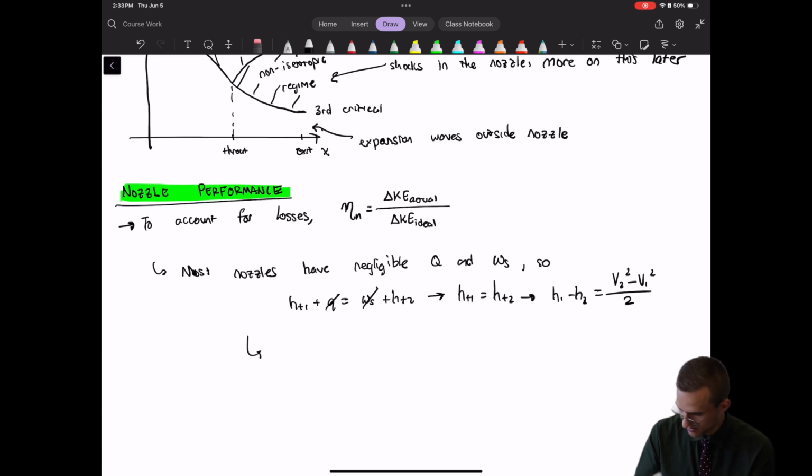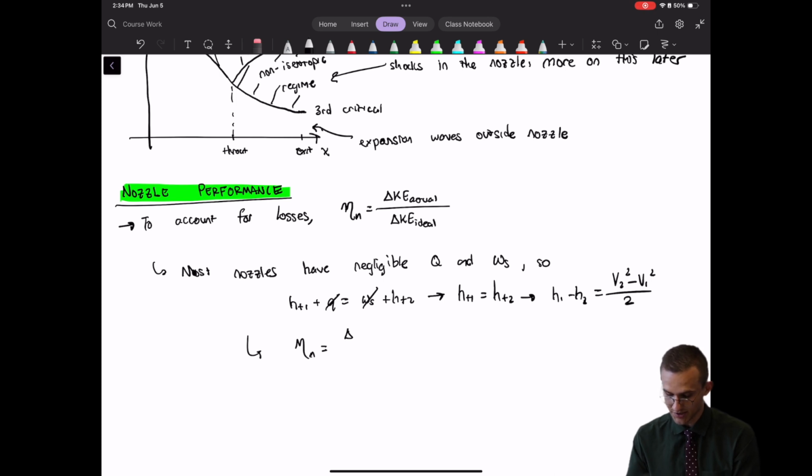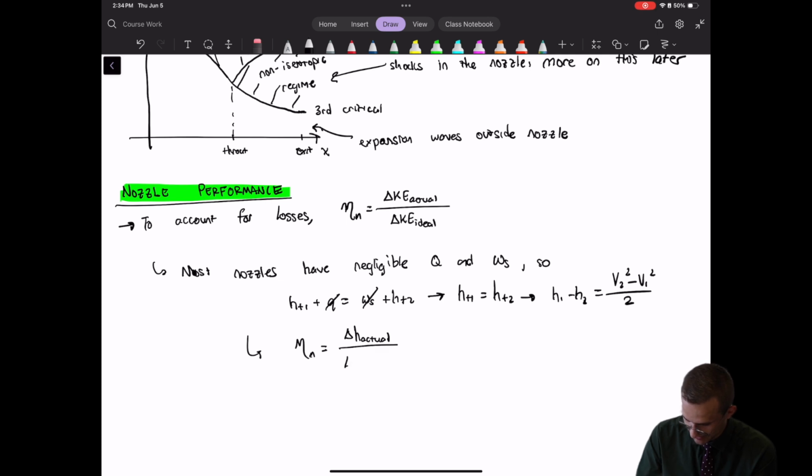So this allows us to write the nozzle efficiency as essentially the change in enthalpy between the two states, right? Because this is essentially the change in enthalpy between the two states is the change in kinetic energy, okay? Because there's no heat and work being done. So you can also express it as the actual change in enthalpy that you realize divided by the ideal change in enthalpy, which you can express as H2 minus H1 divided by H2S minus H1.